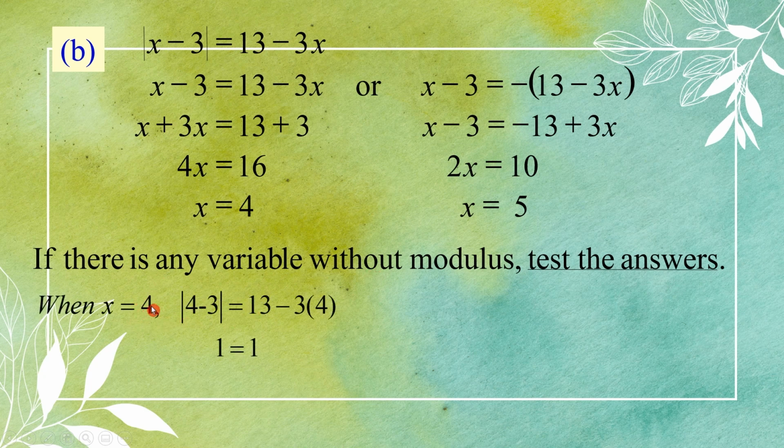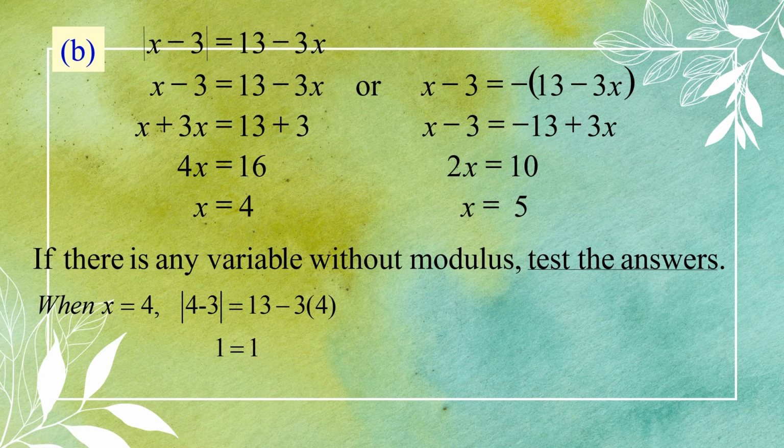We test x = 4. We substitute 4 - 3 gives us 1 on the left hand side, and then 13 - 3 times the x value 4, 13 - 12 gives us 1. So left hand side equals the right hand side.